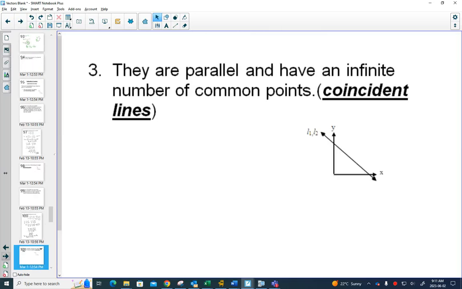And in 2 dimensions, the final thing is that they are exactly the same line. They have an infinite amount of solutions because they always intersect when they're the same line. Everything works.